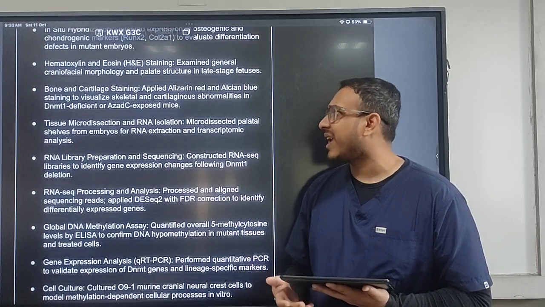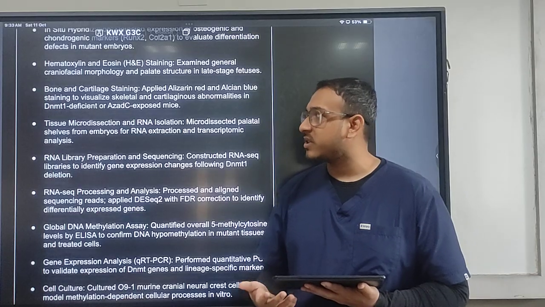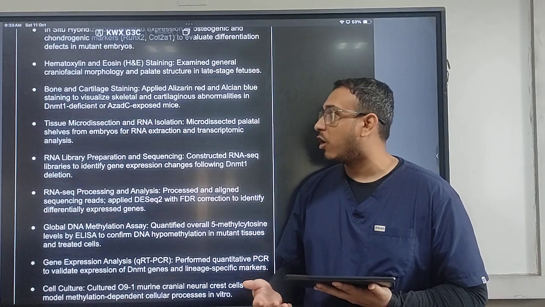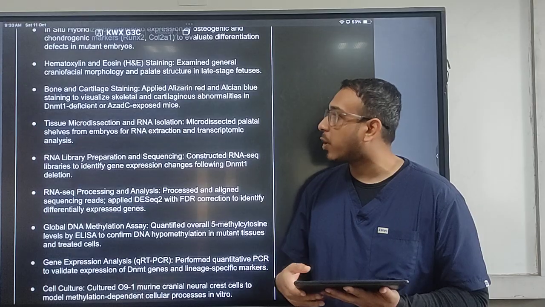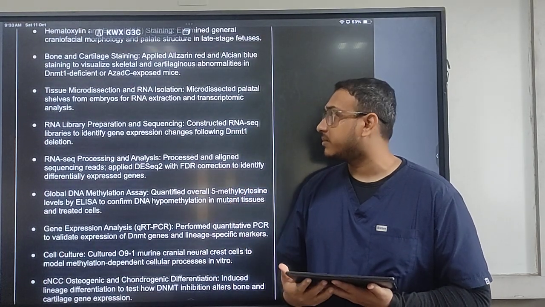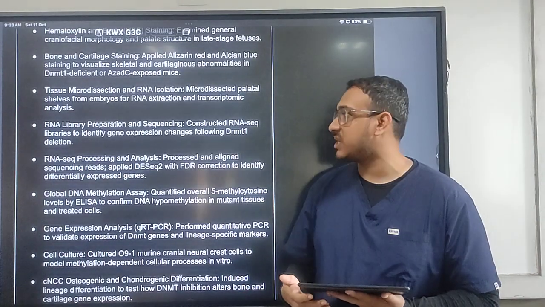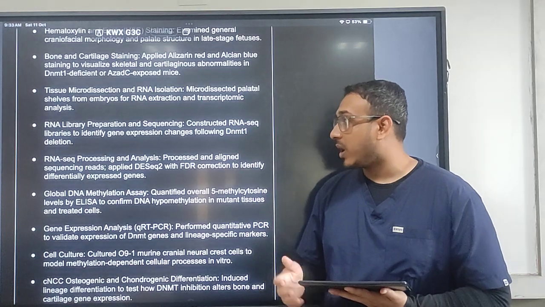Tissue microdissection and RNA isolation. They microdissected palatal shelves from embryos for RNA extraction and transcriptomic analysis. For the RNA library, they constructed RNA sequence libraries to identify gene expression changes following DNMT1 deletion.